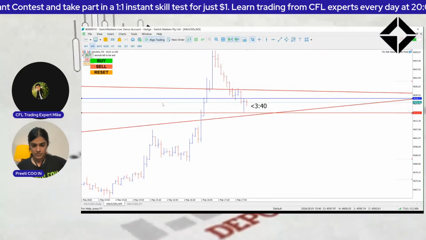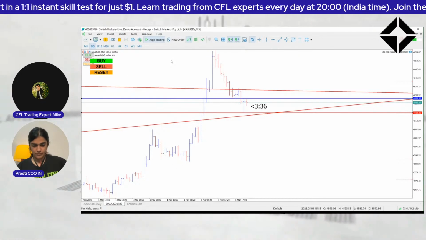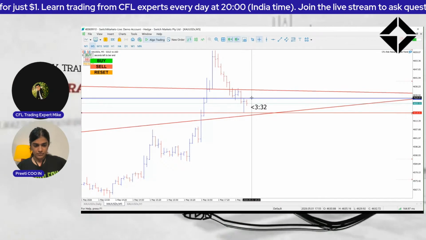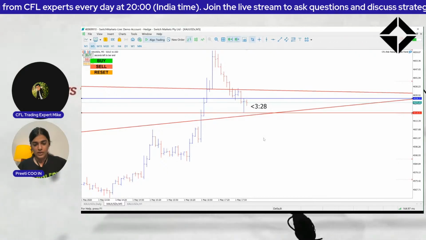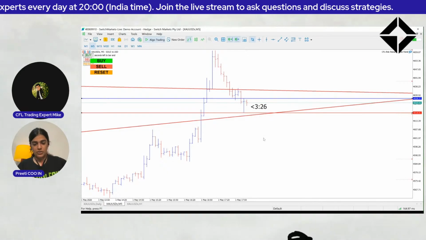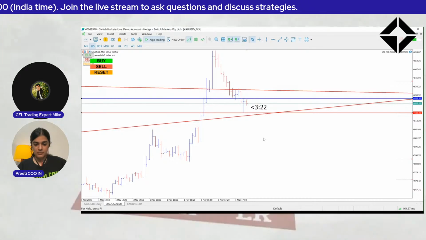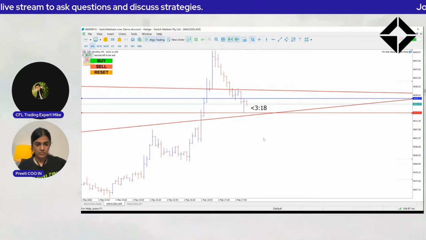Correct? I would now prefer going for smaller quantities, or trade after confirmations only, because it's buying in a small time frame.